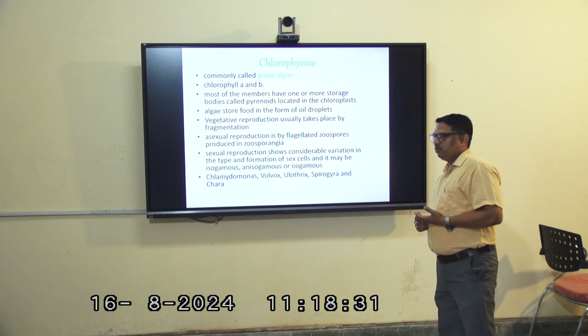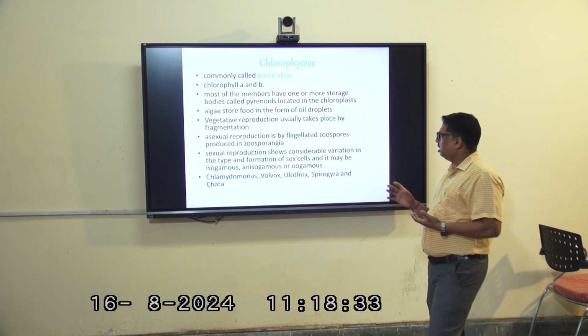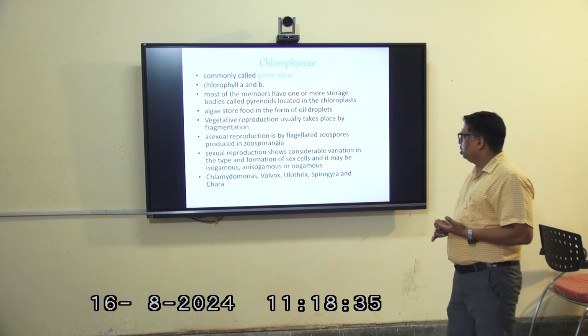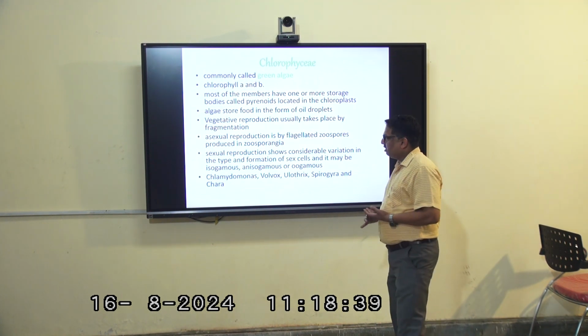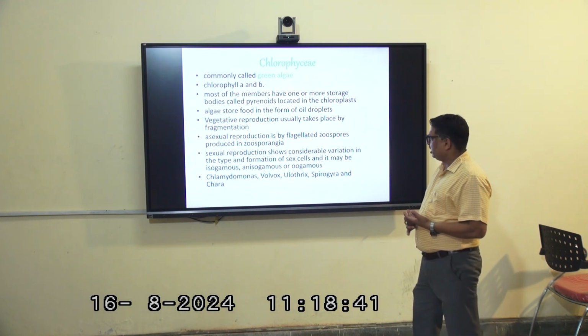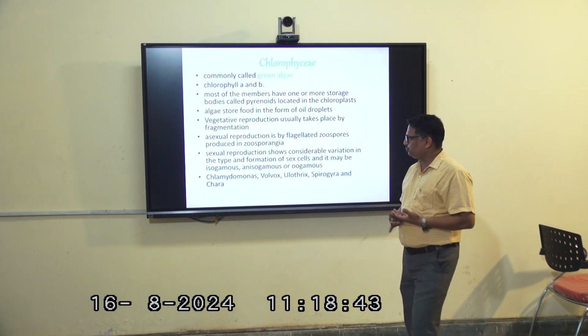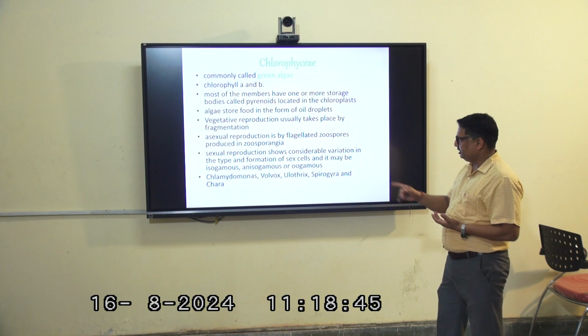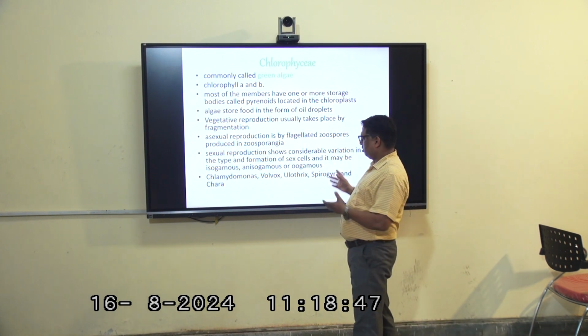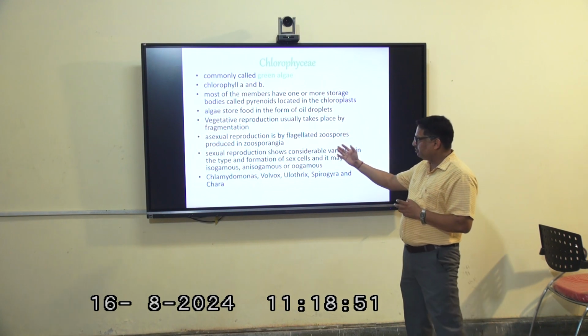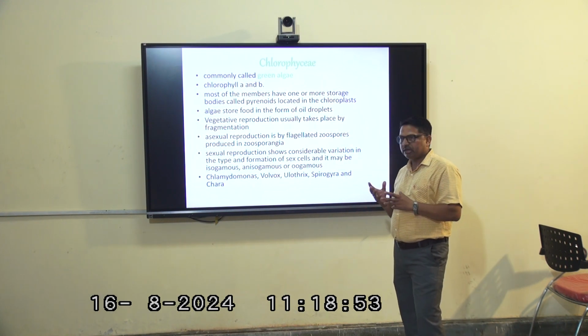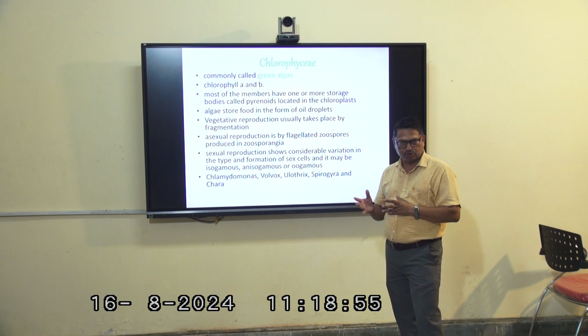And when we talk about reproduction, vegetative reproduction usually takes place by fragmentation. Likewise, asexual reproduction is by flagellated zoospores produced in the zoosporangium. These are the bodies which contain the zoospores, and favorable conditions are very important for the germination of the spores.